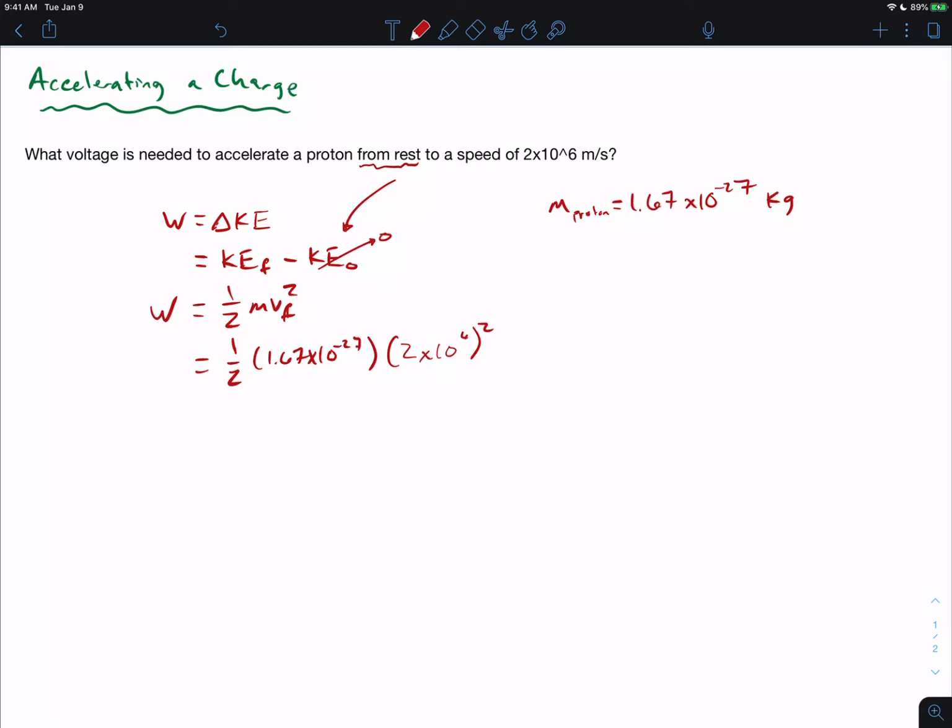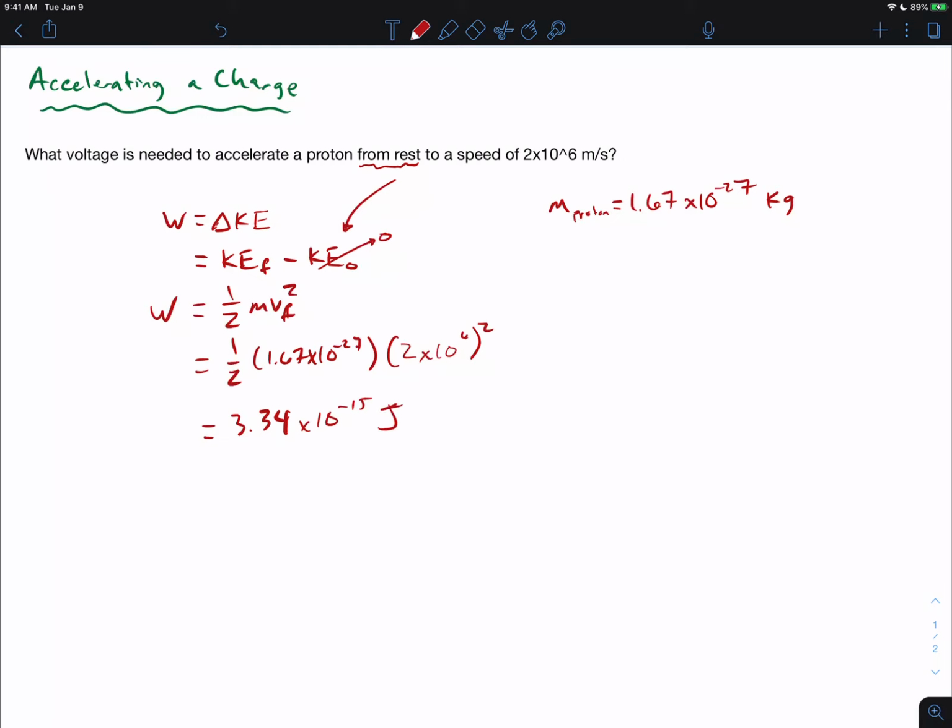If we type this into our calculators, and I'm doing this as well with you if you're following along, what we end up with is 3.34 times 10 to the negative 15 joules.